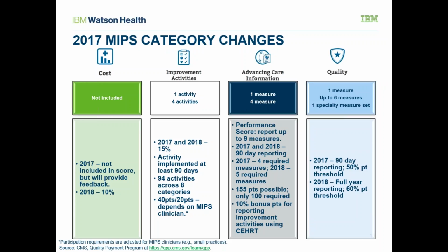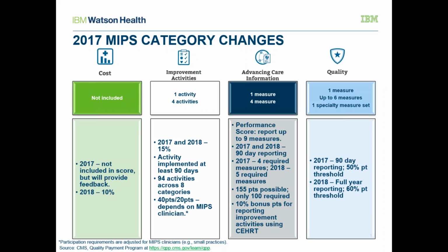On improvement activities, you have the ability to either report one activity because it is pick your pace and it's very flexible, or you can report up to 4 categories if you're interested in full year reporting. Basically, 2017 and 2018 will be 15%. Activities can be implemented for at least 90 days, so at least 90 days worth of data.